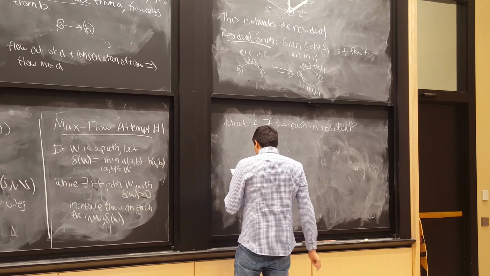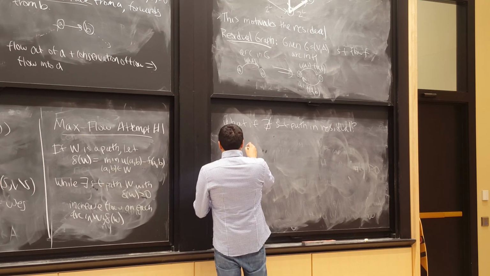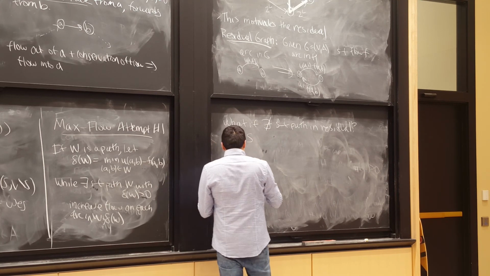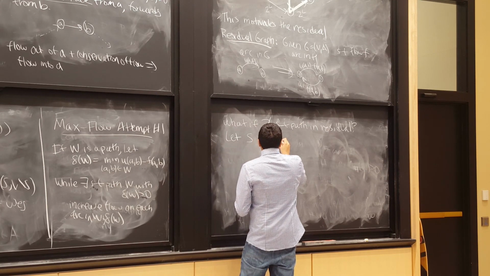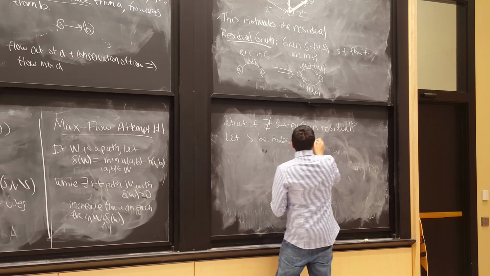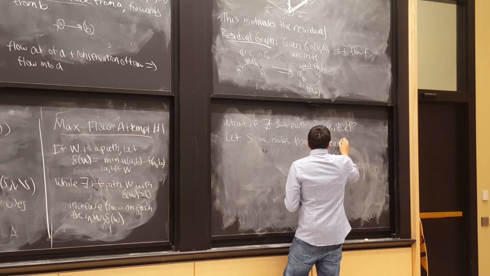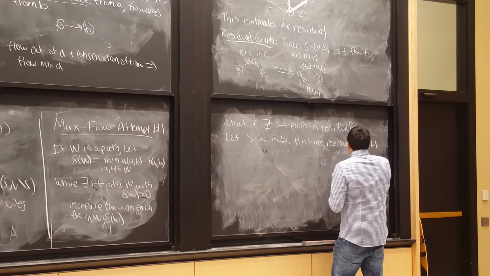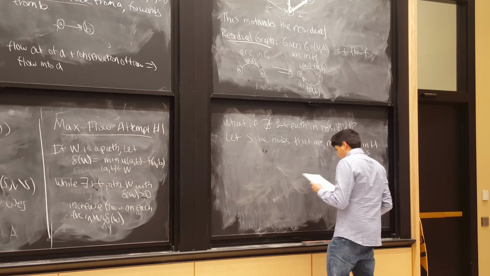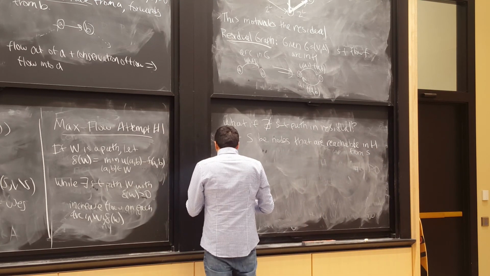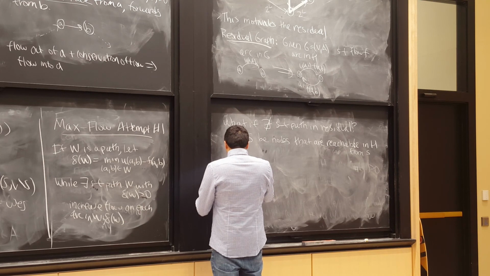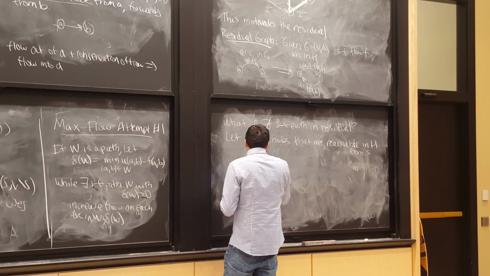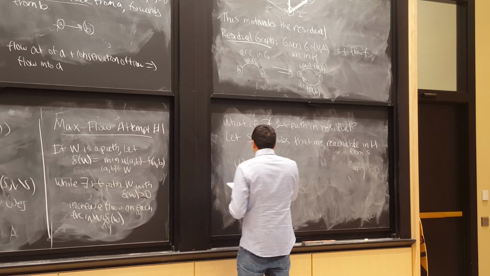So the claim is that now we can construct our cut as we're just going to let S be the nodes that are reachable in the residual H from the source S. And what I claim is that the following two conditions hold, from which we're going to build out some nice if and only if conditions about max flow.